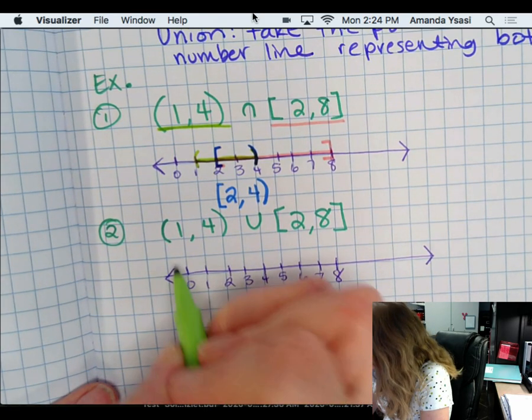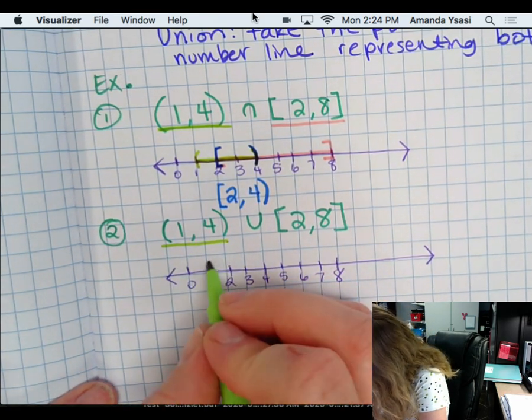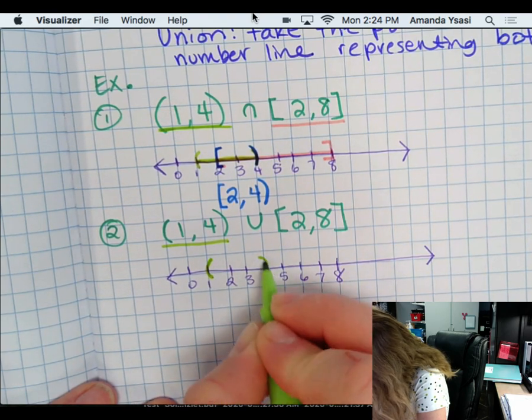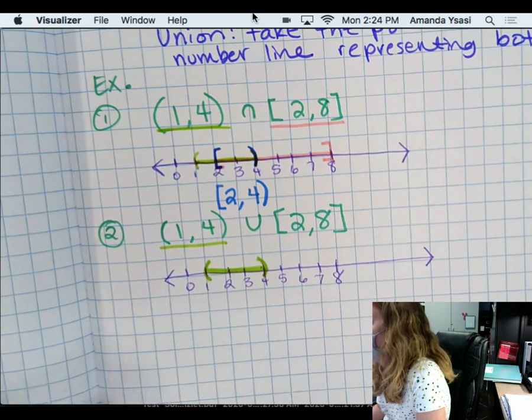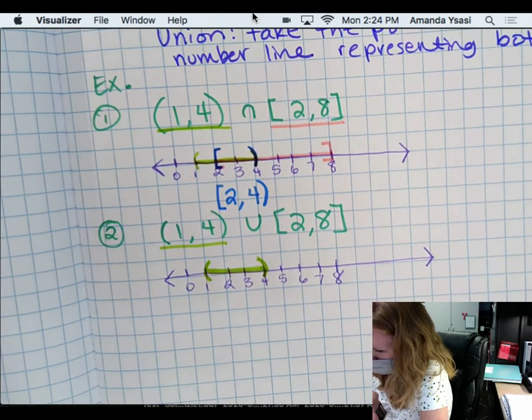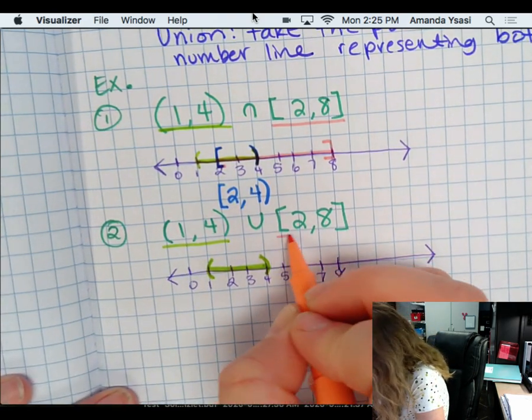So we'll graph them again. So 1, 4. And then 2, 8.